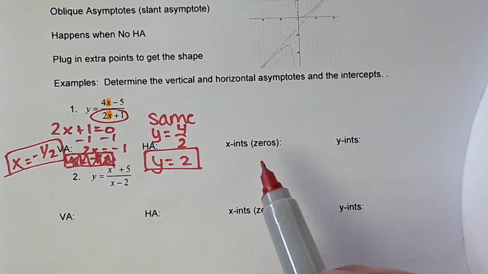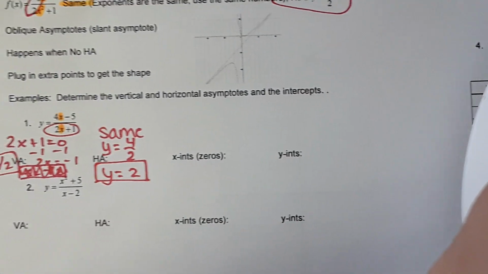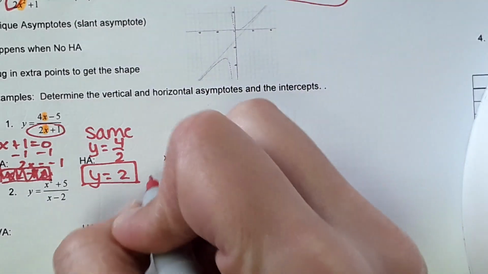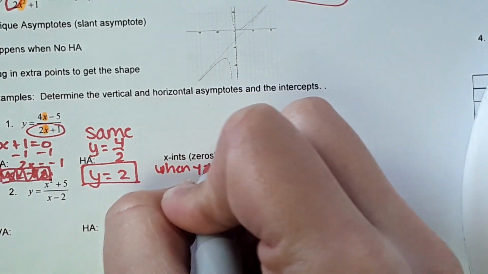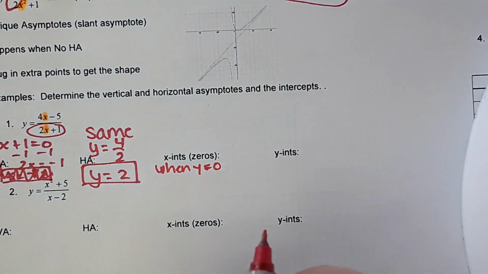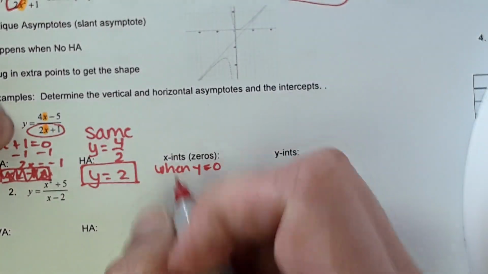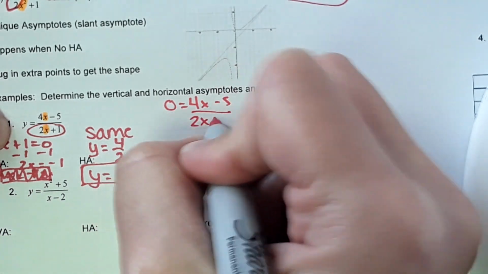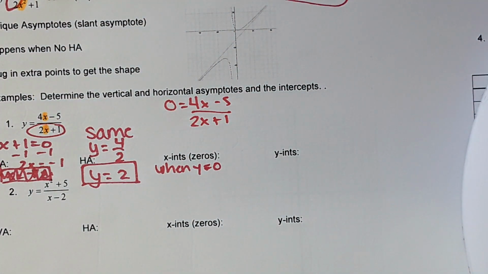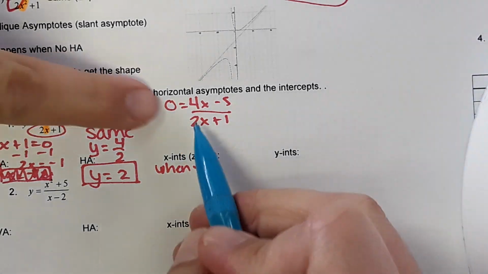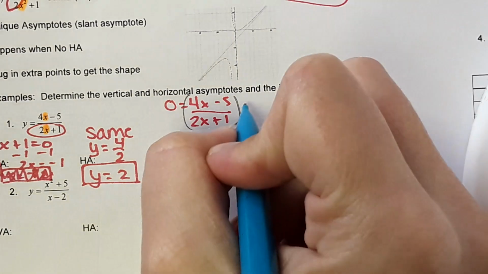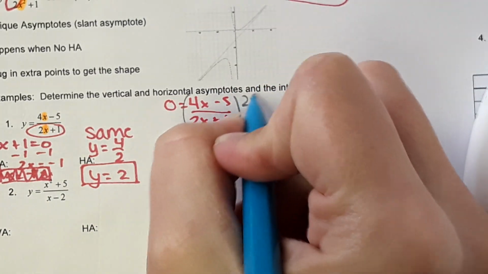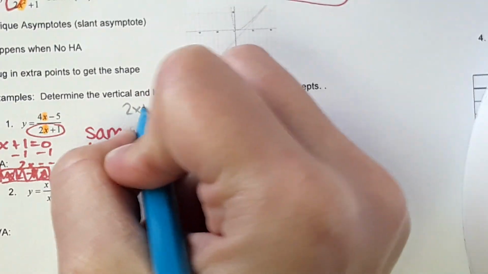Okay, and then for the x-intercept and y-intercept, if you recall, to find the x-intercept, you find it when y equals 0. So we're going to plug in 0 for y here. 0 equals 4x minus 5 over 2x plus 1. And then we solve for x. To solve for x in this situation, you could multiply both sides by the denominator, 2x plus 1.